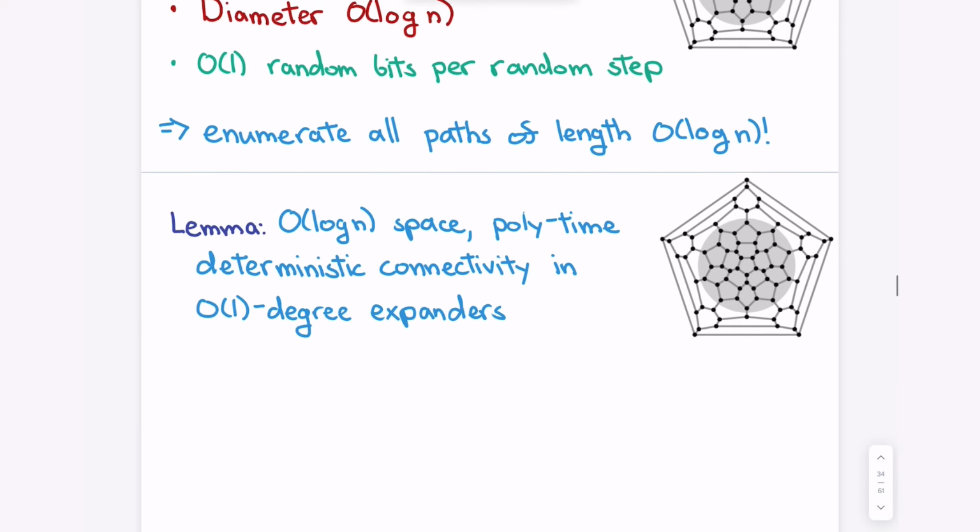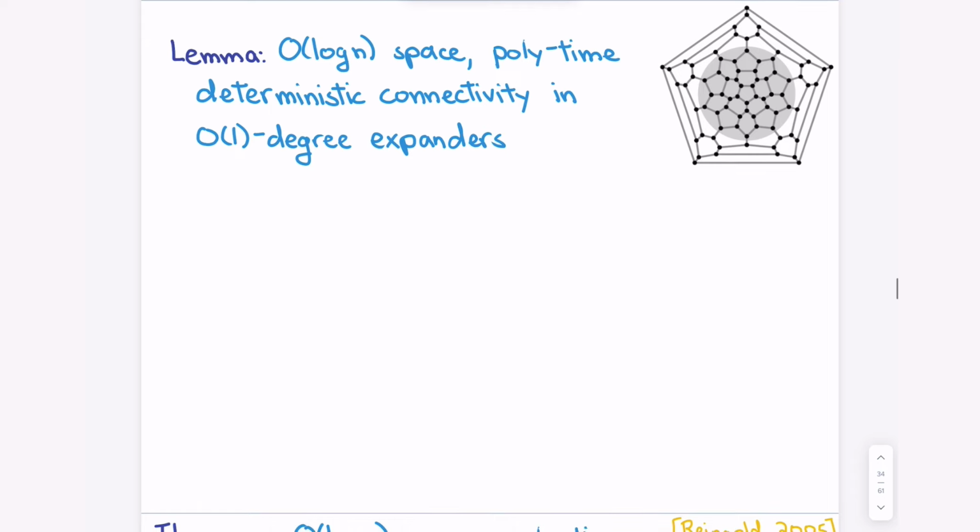All right, so that's what we showed. In a constant degree expander, with constant expansion, it's actually not that hard to get log n space connectivity because you can just enumerate all paths, right? It's almost lame. Okay, just enumerate all paths. So, good.